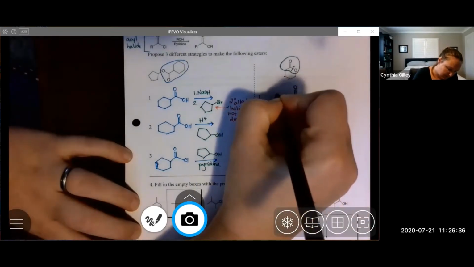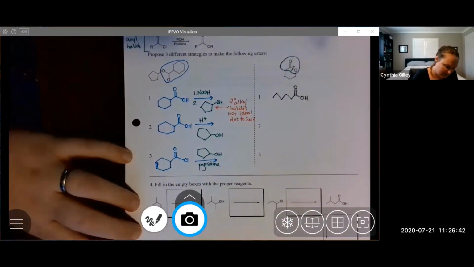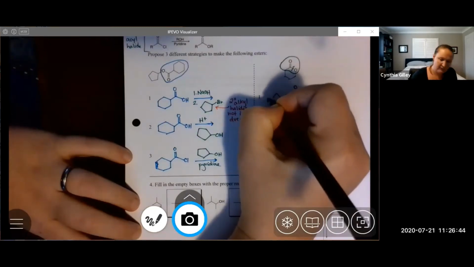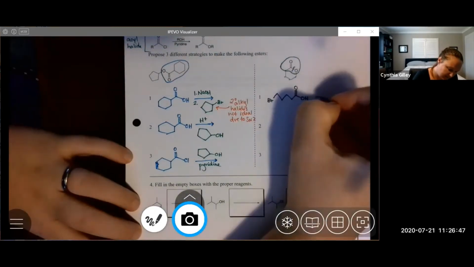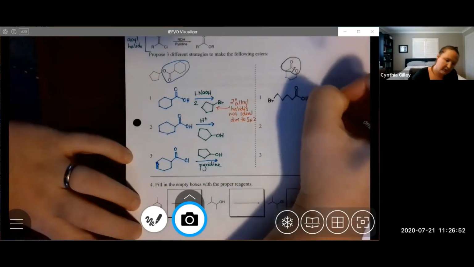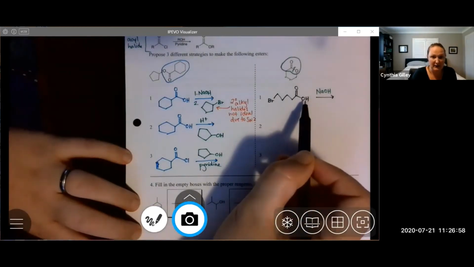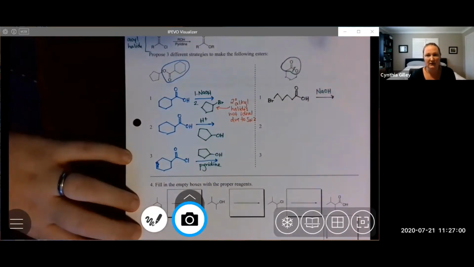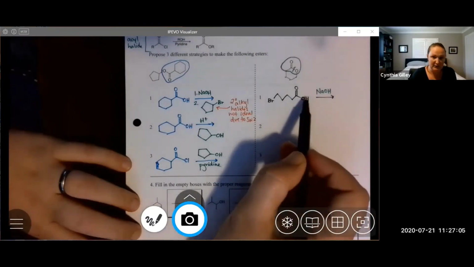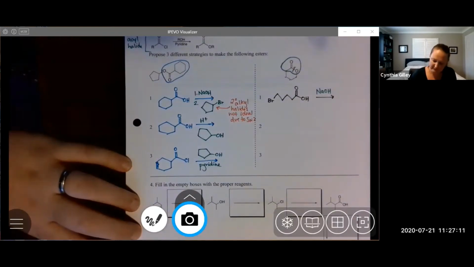If you were doing the basic one, this would have to be a halogen. Perhaps bromine, and the reagent would be sodium hydroxide. So this would be deprotonation of the carboxylic acid, and then it would cycle around and do an SN2 to kick that out, to form the ring. Does that make sense? So we'd form the carboxylate by deprotonation, then it would do a backside attack here to kick out that bromine.